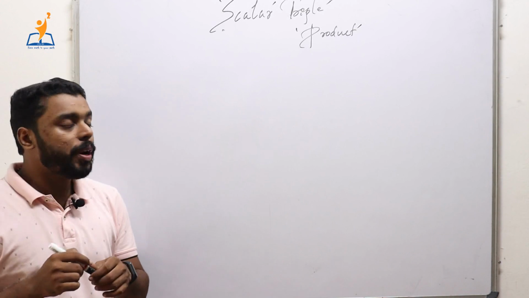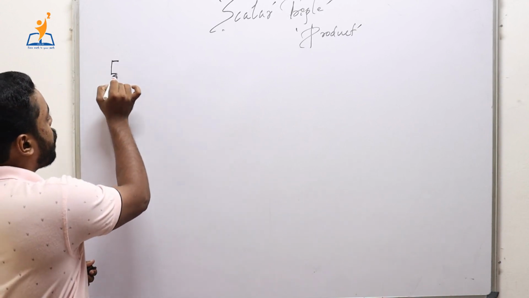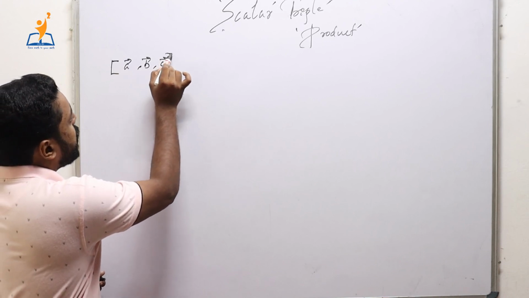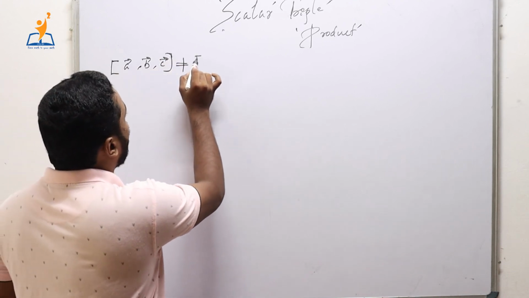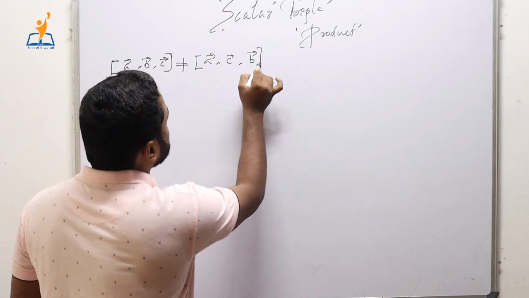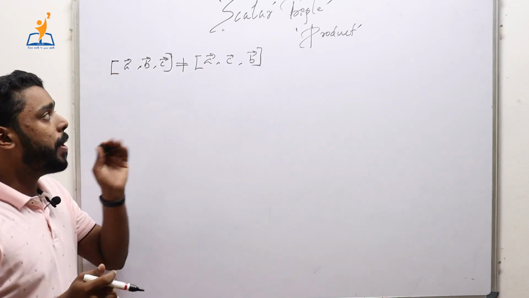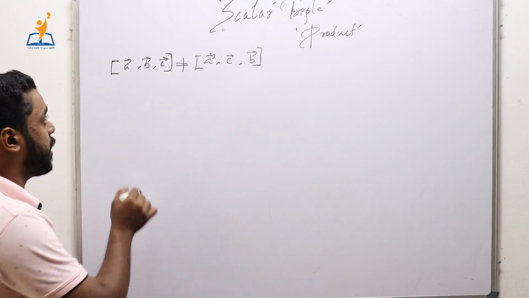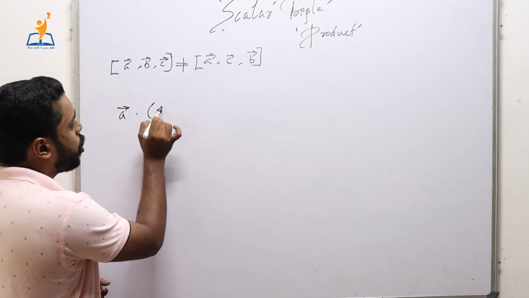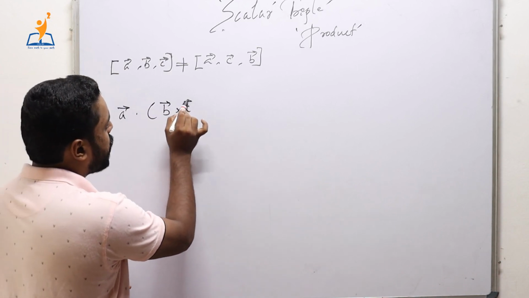In the last property, we said that box A, B, C is not equal to box A, C, B, right? Because this is not a cyclic transformation. But we have another interesting result here. We know that box ABC is nothing but vector A dot B cross C, right?